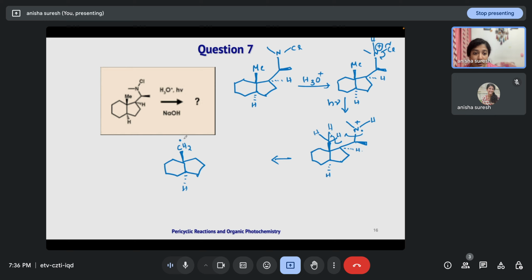CH2 dot, NH3 plus. Okay, radical will be formed here. Now what will happen?